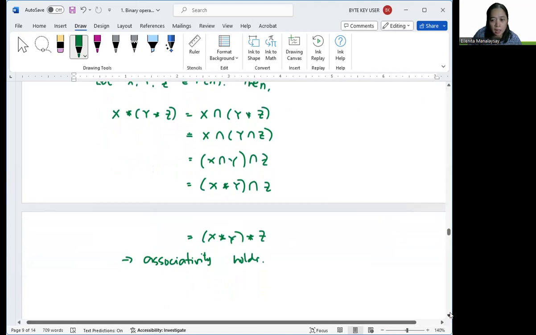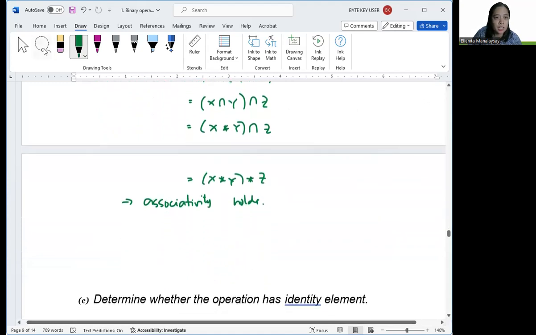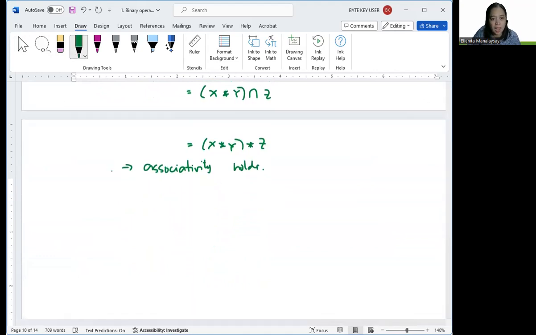Then consider commutative. Let's try to observe if the commutative property holds. Then x star y is equal to x intersection y, which is equal to y intersection x.